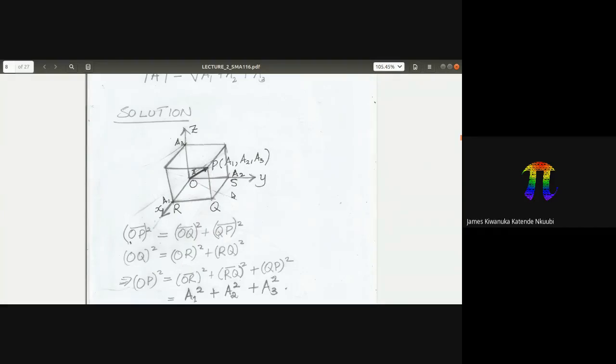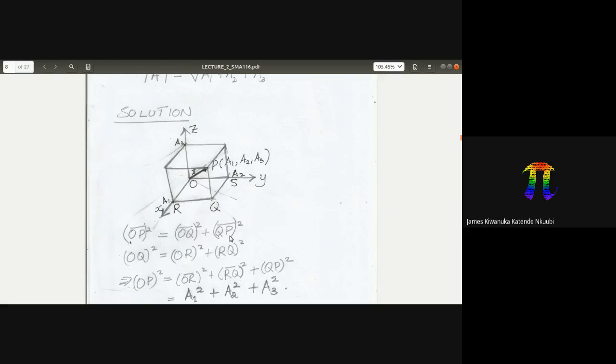Now we can use, because this is a cube, it has a lot of right angles. So this OPQ is a right angled triangle. So we can say OP squared, this is the hypotenuse, will be equal to the sum of the two shorter sides. One of them is this OQ squared. Then we have QP.